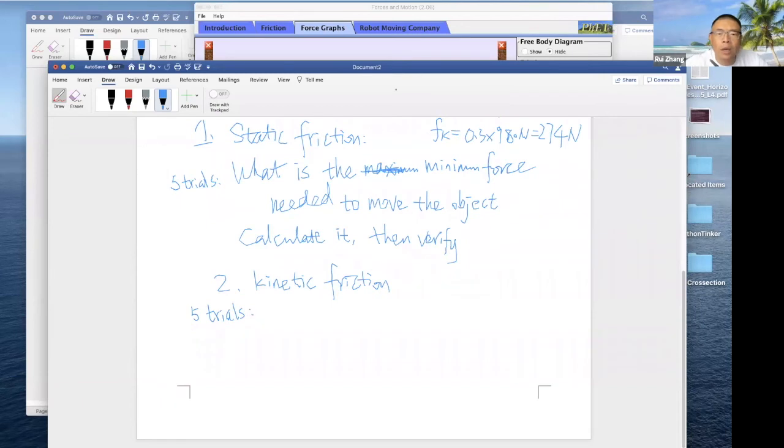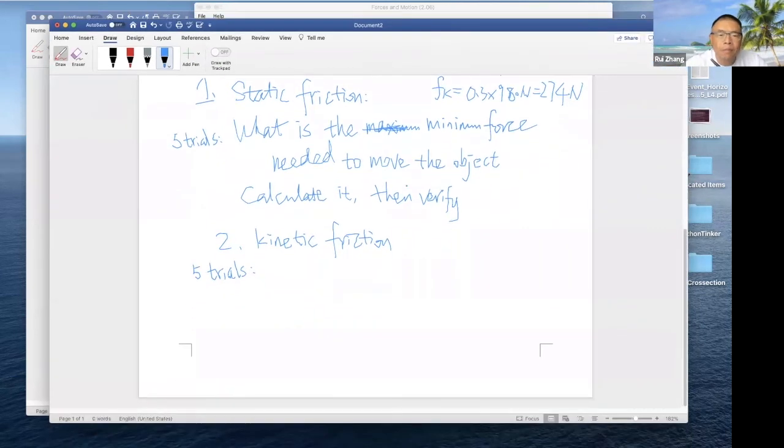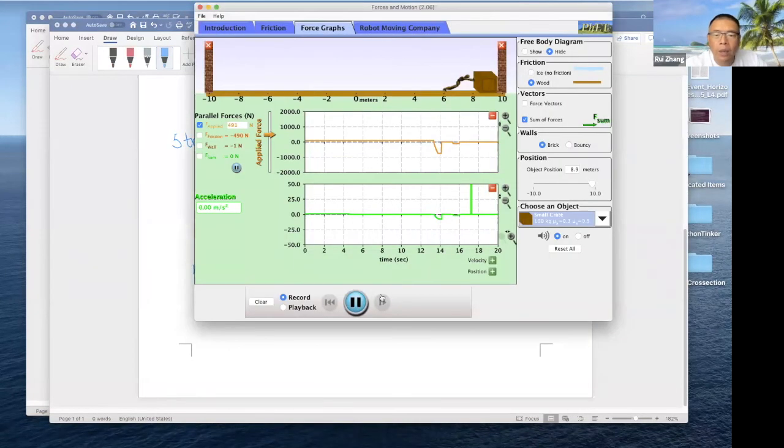So what I want you guys to do in this case is, for each trial, calculate or measure the normal force and the kinetic friction. Now the kinetic friction is actually already given, as we showed already.